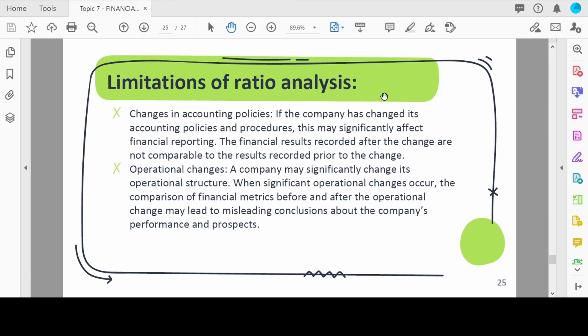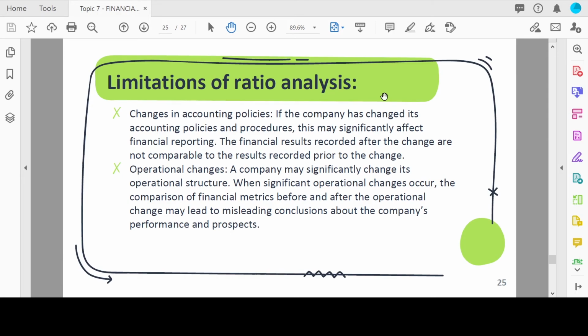It is common that throughout the years the authority might change the policy. Even the company also might change the policy. There might be changes to the standard, hence it will affect the accounting policy of the business, and this also may significantly affect the financial reporting.